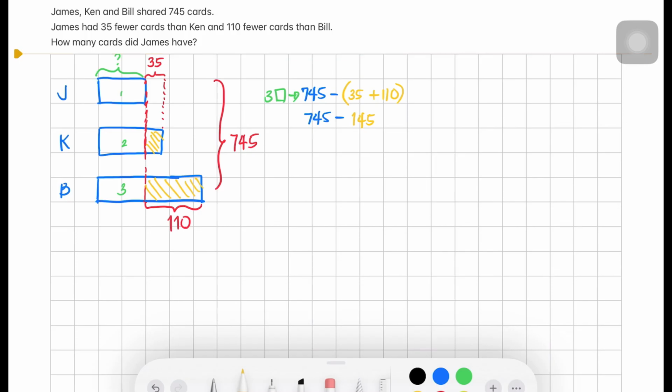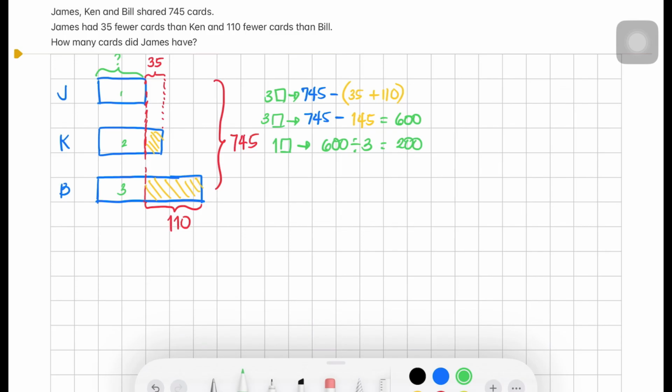Okay, and that is equal to 600. So 3 units is 600. Okay, for me to get 1 unit only, I need to divide 600 by 3, and that is 200.